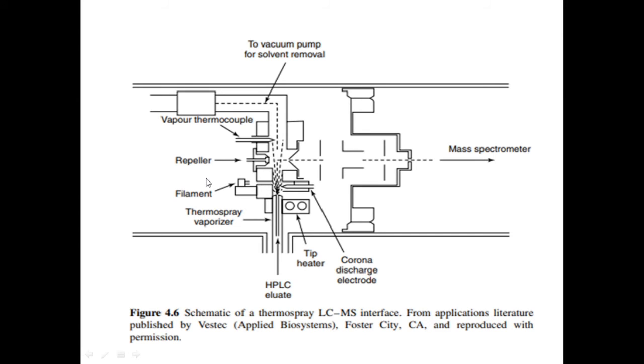When buffer is not present, that is when normal phase chromatography is being used, thermospray ionization is not possible, and a filament or discharge electrode is used to generate a plasma in which charge ion type processes, that is CI type processes, can occur.